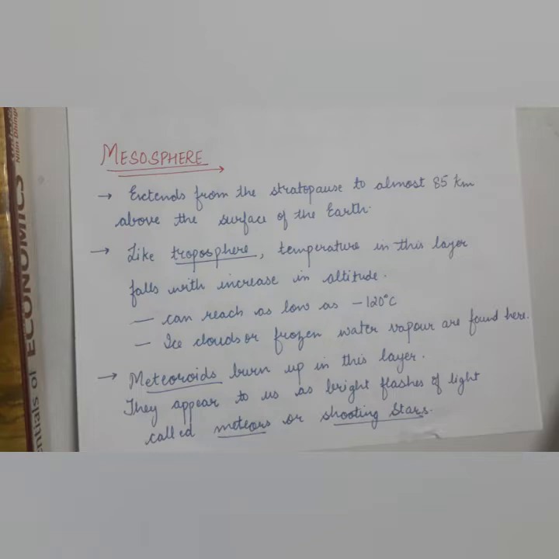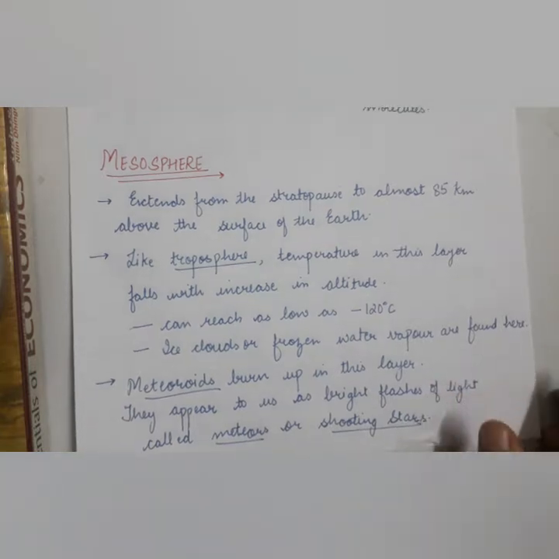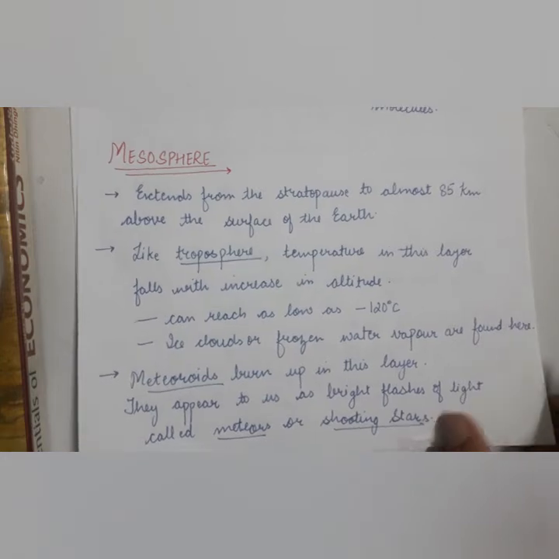Okay, the meteors and the shooting stars, they are called shooting stars because a tail like structure appears. Okay, and they appear to us like flash of lights, bright flashes of lights. Tuta tara is also a word. Sometimes we have heard this word very commonly. So this is the layer in which these meteoroids burn up.